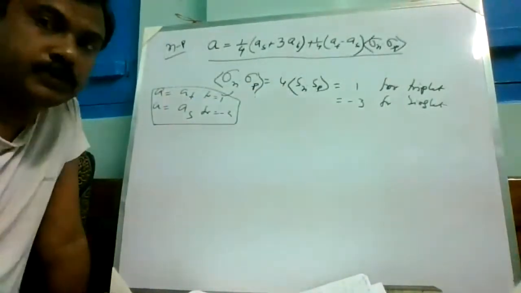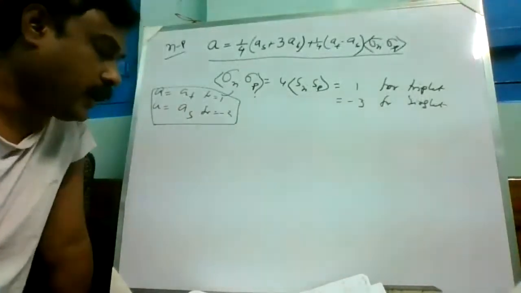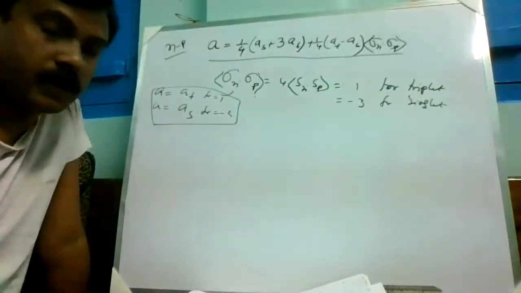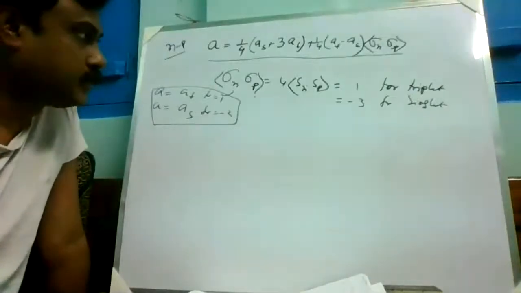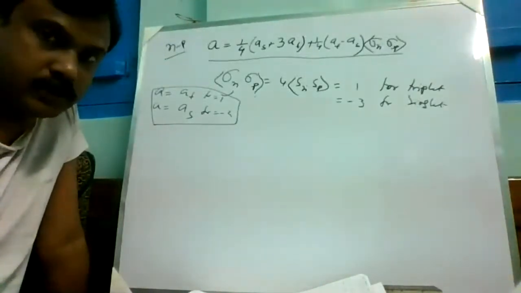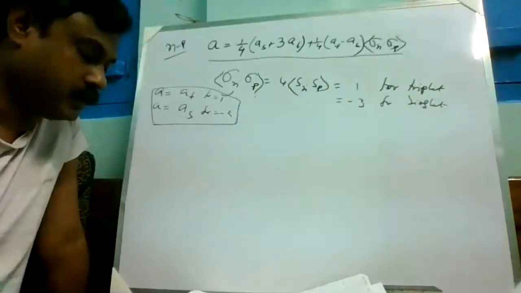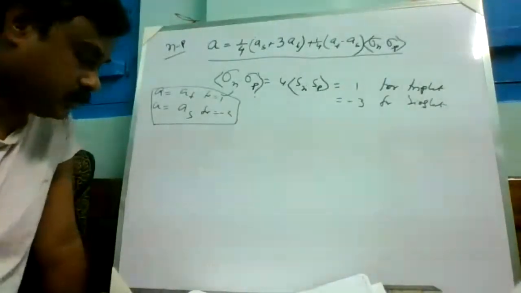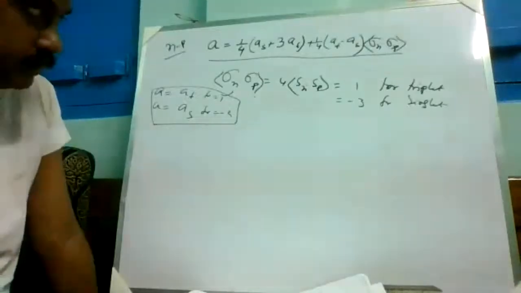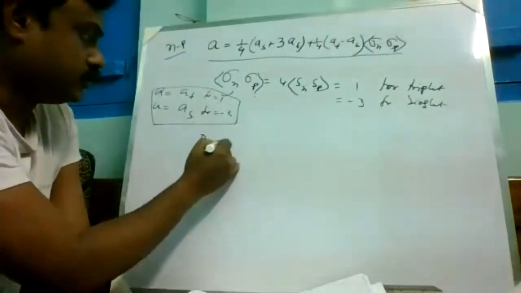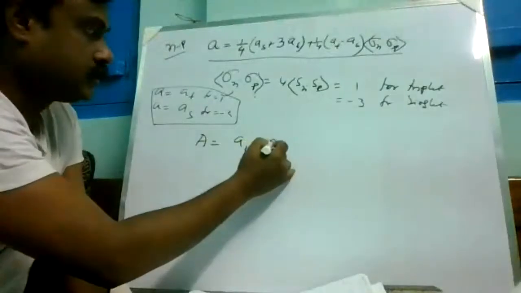scattering amplitude. Now for the hydrogen molecule, there are two hydrogen atoms. So whenever we are performing an experiment with neutron on hydrogen, there will be two scattering atoms. So the total amplitude A will be equal to A1 plus A2.